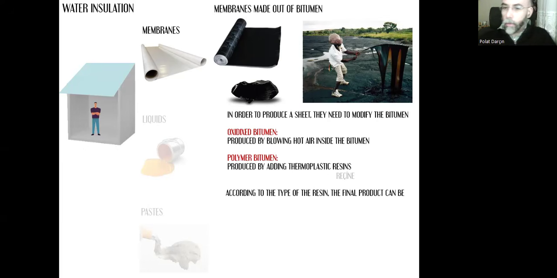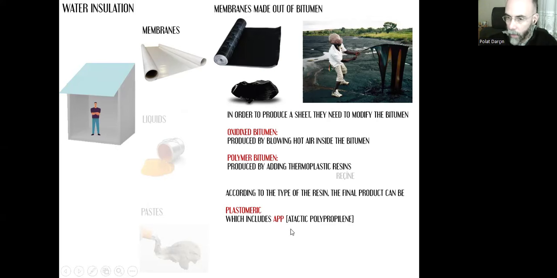And according to the type of the resin, the final product, the bitumen sheet, can be either plastomeric, which has atactic polypropylene. It's the name of the chemical substance, the chemical thermoplastic resin, in short form APP, APP. And the final product, the bitumen sheet, will become resistant against hot weather.